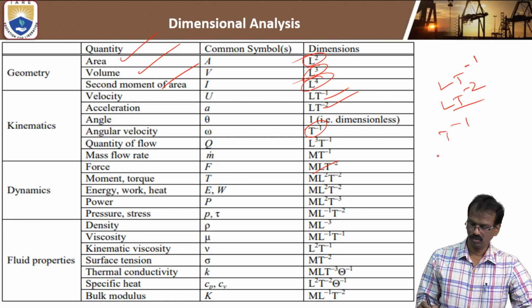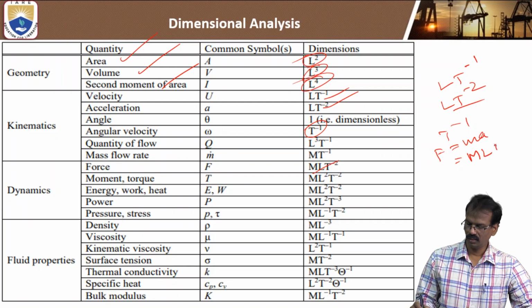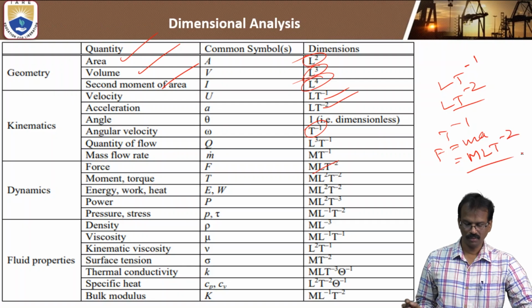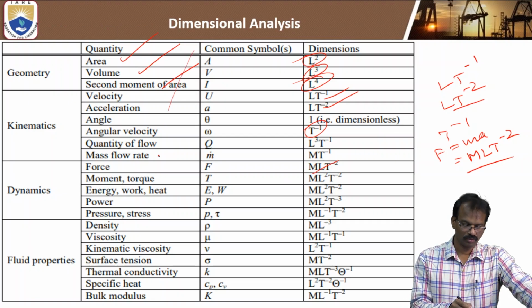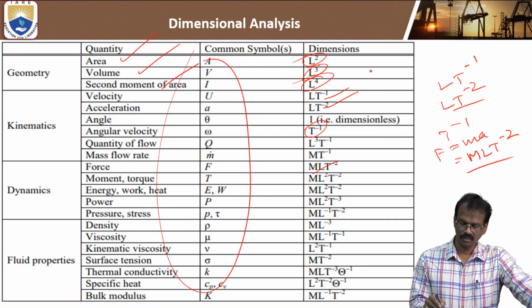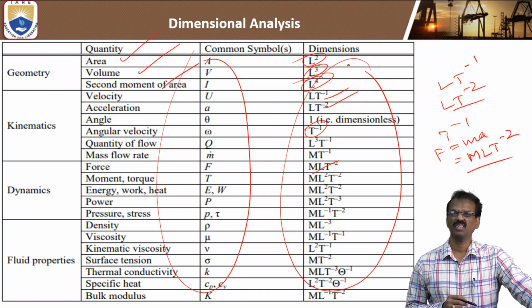Similarly, force F is equal to MA. Mass is M and the acceleration is LT minus 2, so force is MLT minus 2. All the variables are represented in basic dimensional values.